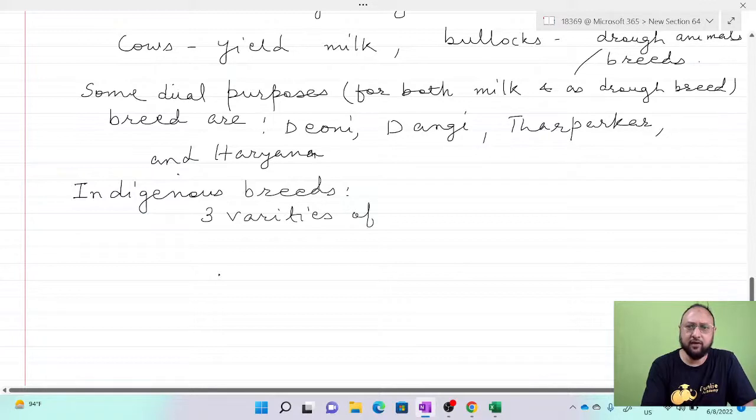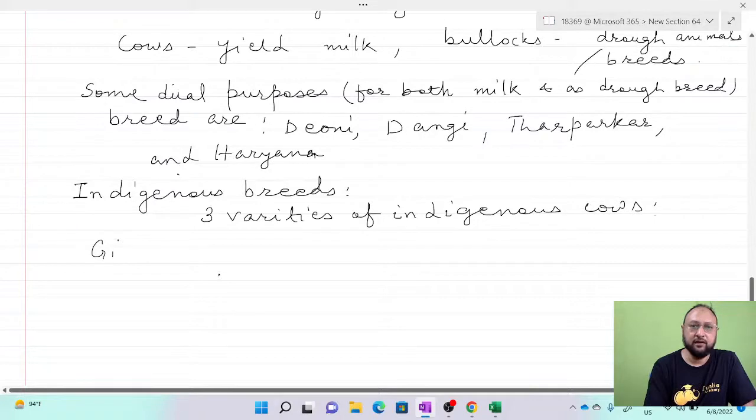Three varieties of indigenous dairy cows. Number one is the Gir.